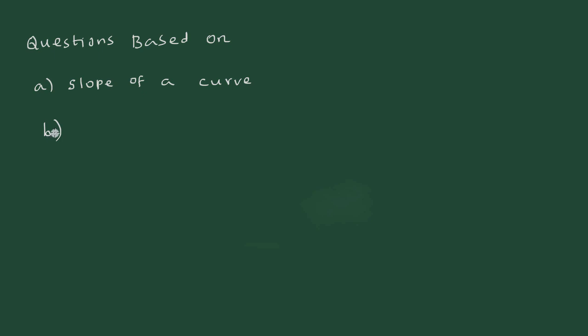And there are also some questions that are based on the differentiability of a graph. We can say that this is the differentiability and continuity of the graph. So differentiability of a function.